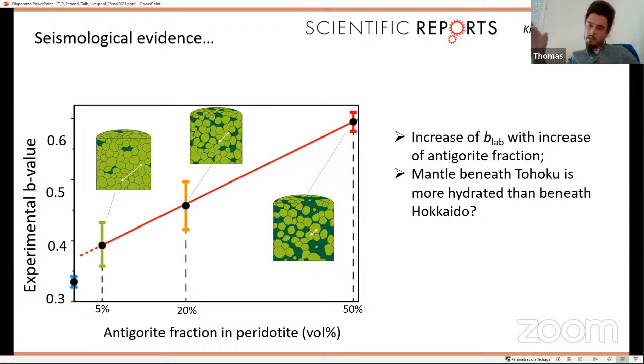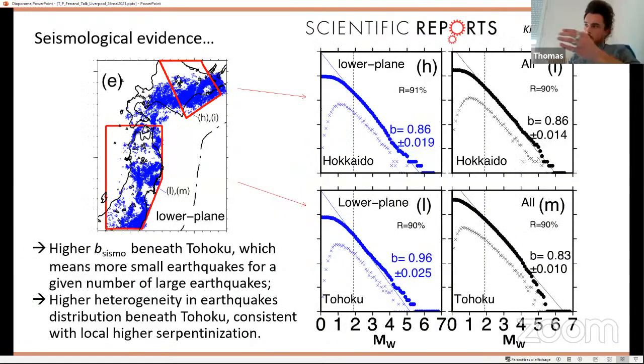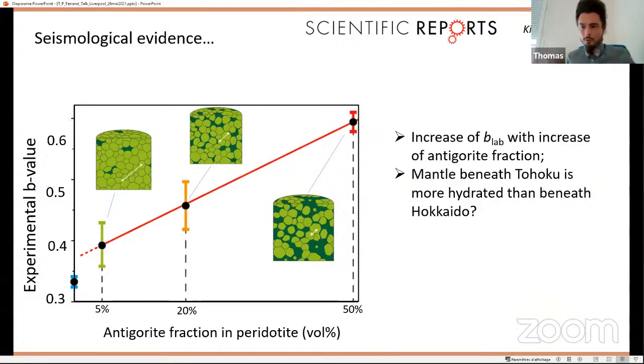So here this was the b value for the real data, the seismological data, and here for the artificial samples, the experimental b values. When we calculated for each sample, we realized that this experimental b value increases with the antigorite fraction.